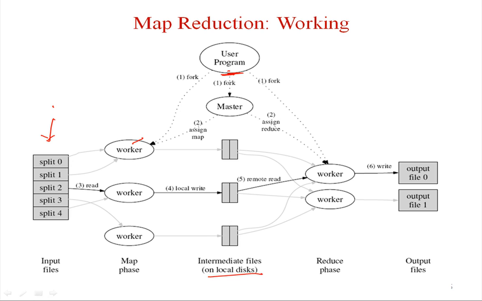The intermediate files will contain initial indexing, and after that the shuffler will check which worker machine should be assigned which part of the keys or which particular task. Then the reduce phase works and gives the output file.